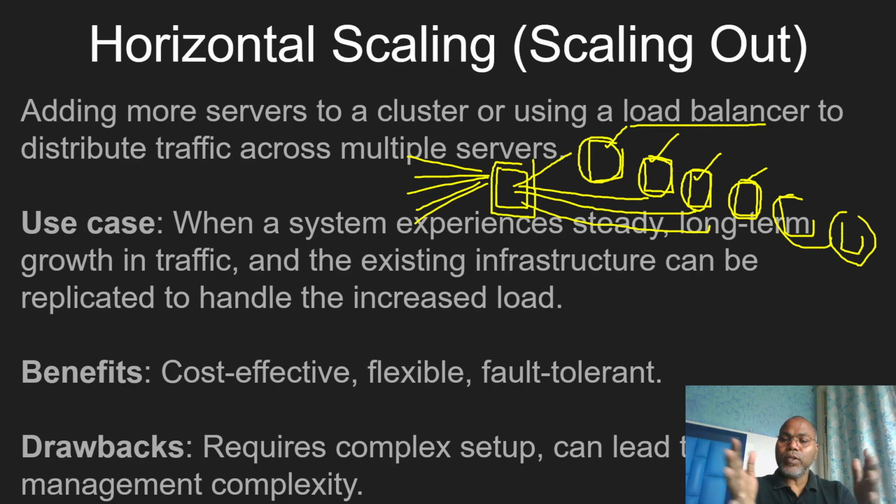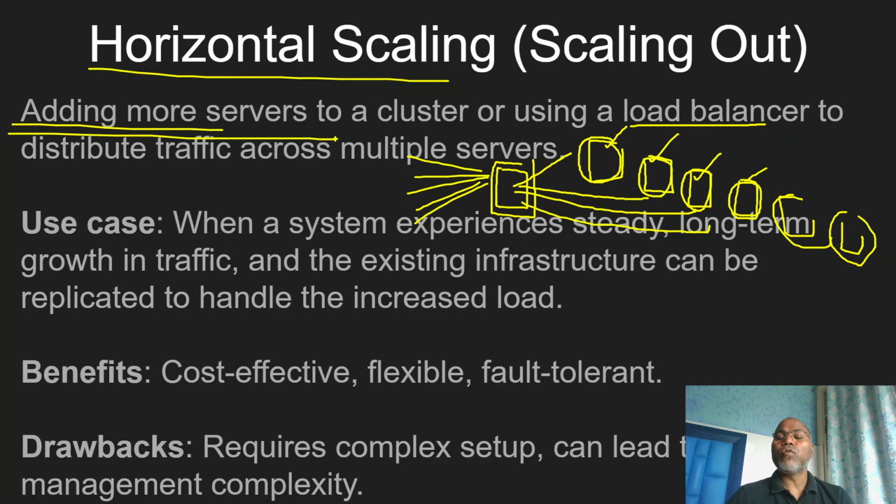So horizontal means you are just adding more servers. You do not need to buy such a highly powerful and costly system; just use the normal servers you are currently using and add more. Horizontal scaling means adding more servers into the cluster.